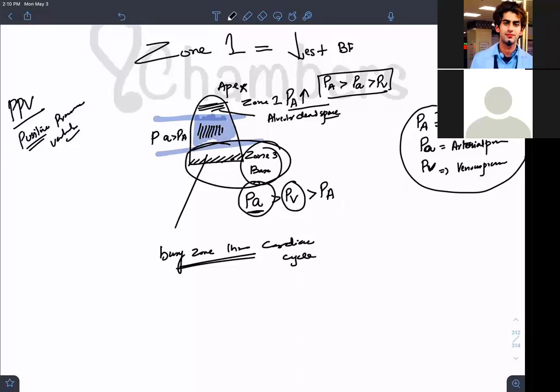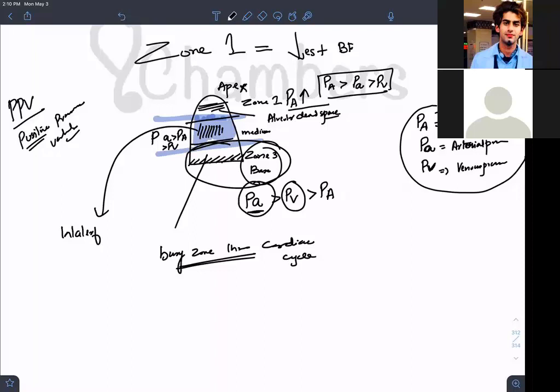Can we see the trend? Is it clear? So we will say it is a medium blood flow area. Sometimes this area exhibits an effect that is called the waterfall effect.